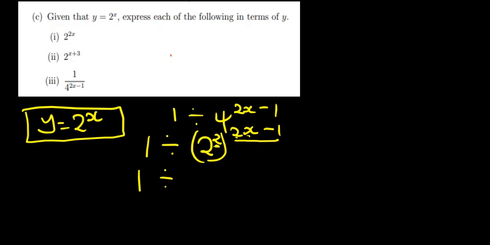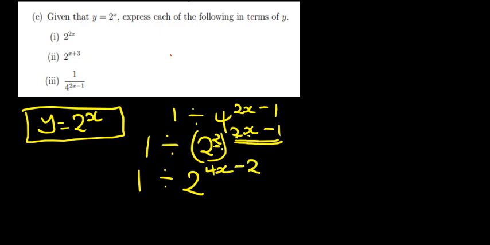So let's multiply first of all by this 2. We multiply with everything that we can see there, so it will be 2 to the power 2 multiplied by 2x, which is 4x, and then 2 multiplied by minus 1, which is minus 2.